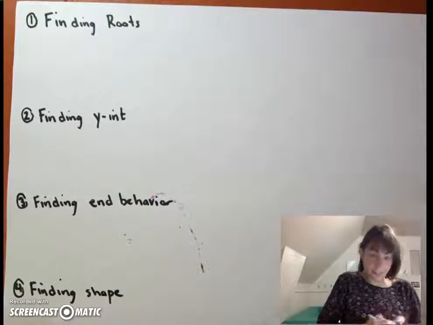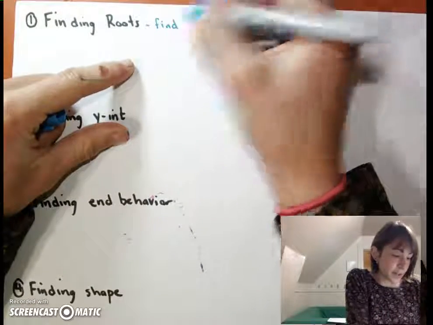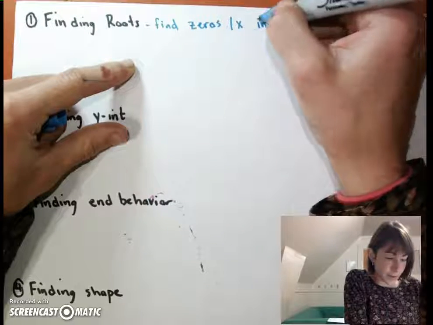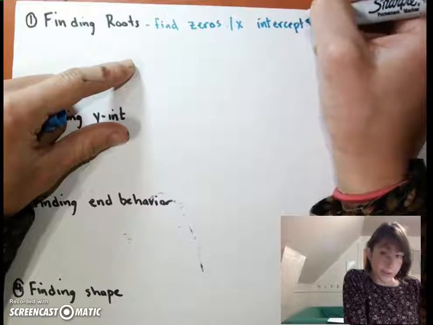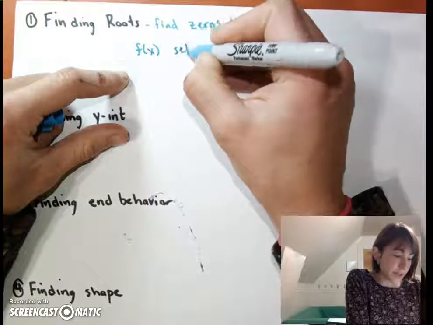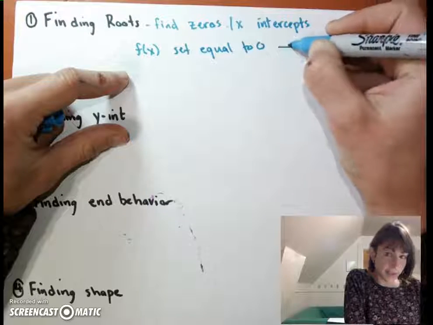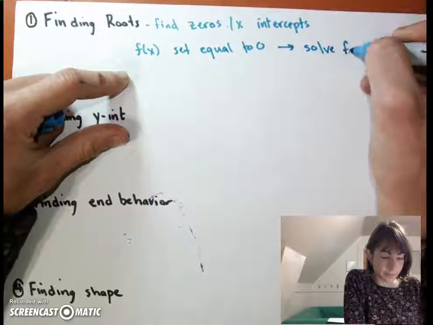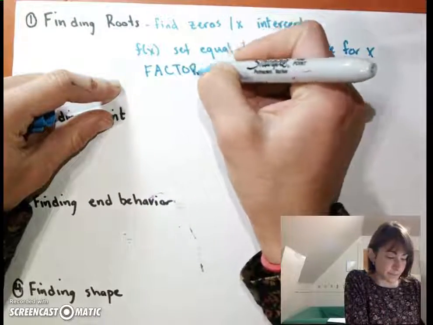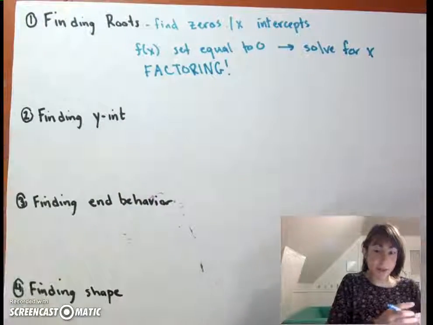So in order to find roots, I need to find zeros, or x-intercepts. So the strategy is we take our f of x, set it equal to 0, and then solve for x. So this usually involves factoring. If we find the factors of our polynomial, we'll be able to find the roots.